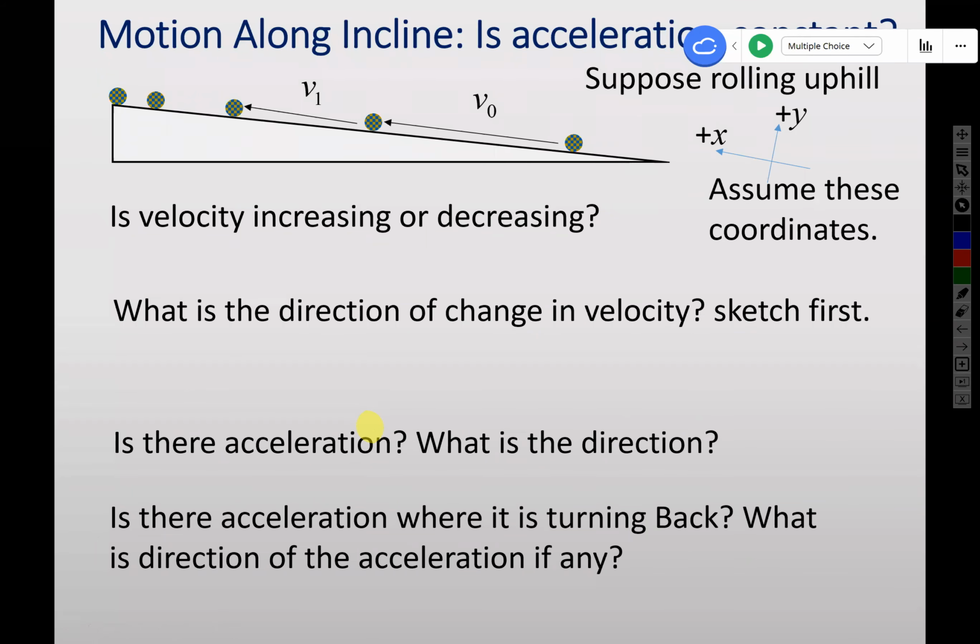So now let's talk a little bit about going from horizontal to a little bit inclined. If you push something uphill, what happens? It slows down, isn't it? So that means if you are looking at how far it went in 1 second, and in another second how far it went, you'll see it travels less and less distance. It's slowing down, okay? You just pushed it and let it go.